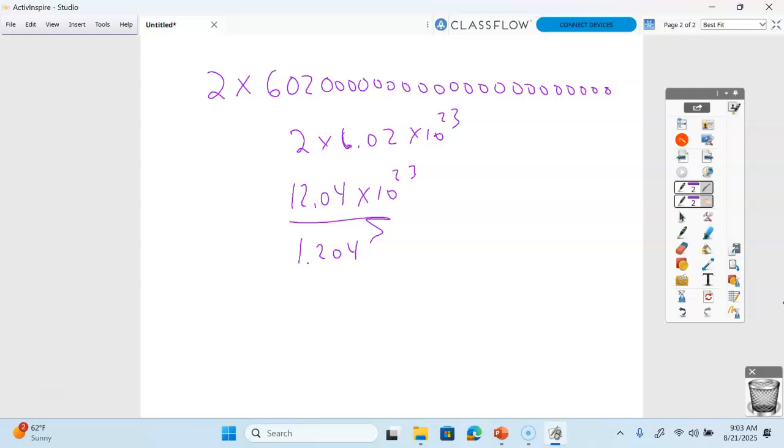So if I divide by 10 to move it this way, I have to multiply by 10, which is times 10 to the 24th. In order to make my 12 into 1.2, I have to divide by 10, which means to keep the number the same, I have to multiply by 10 or add 1 to the exponent. So that's one of the problems where scientific notation causes a little bit of a headache, because you always have to write it where it's one place past the decimal point.